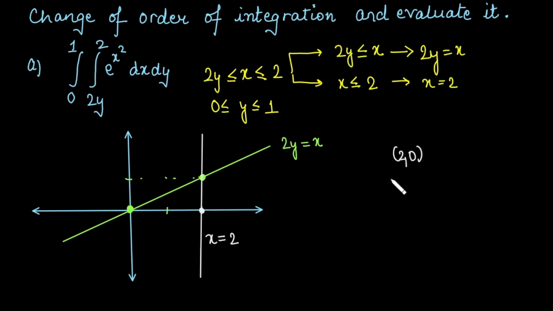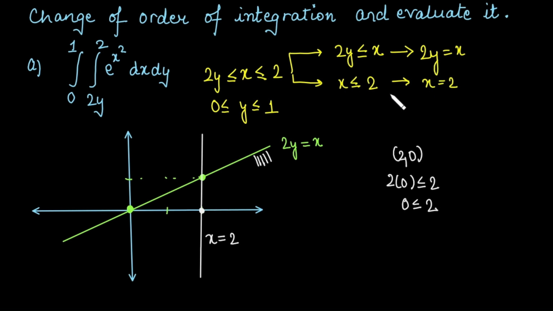Substitute here, that is 2 times 0 is less than or equal to 2. Is this valid? Yes, because 0 is always less than or equal to 2. It means this point is a part of this region. It means we need to work towards the right side of this line, or we can say the bottom of this line.